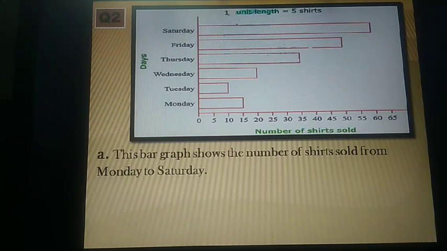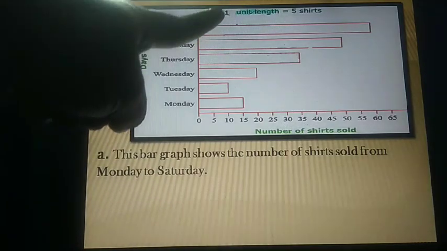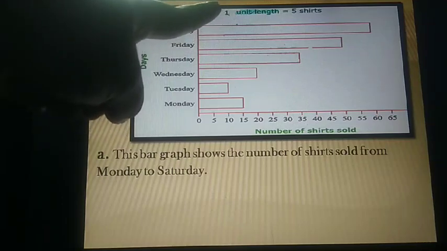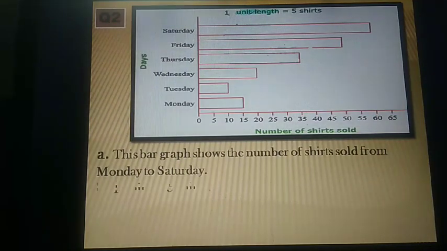Next is, what is the scale chosen on the horizontal line representing number of shirts? See, in the bar graph the scale is at the top. It's given as 1 unit length is equal to 5 shirts. So we can write the scale is 1 unit equals 5 shirts. Next, on which day were the maximum number of shirts sold?